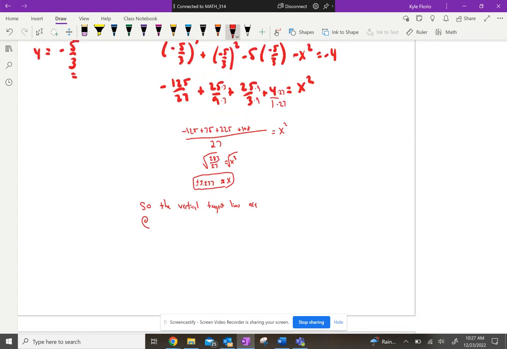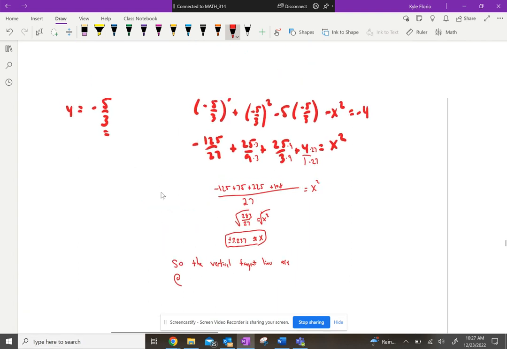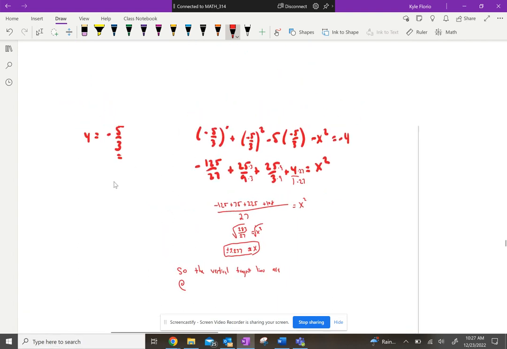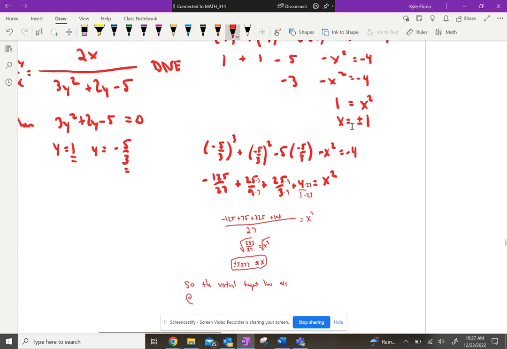I'm going to have to zoom out a little bit. So we have when x is 1 and y is 1, and when x is negative 1 and y is 1. So we have 1, 1 and negative 1, 1, right? When y is this value here, we got 2 different x values.